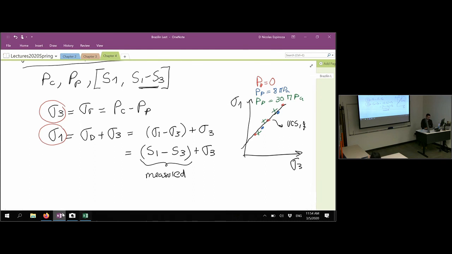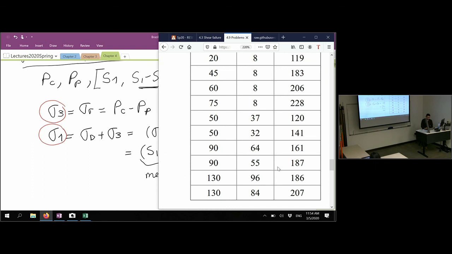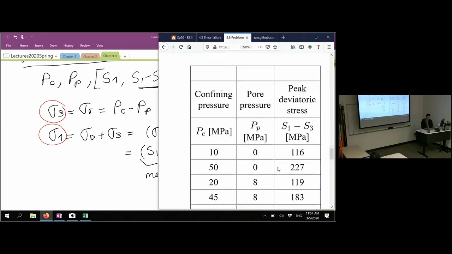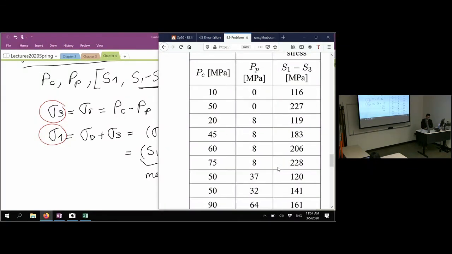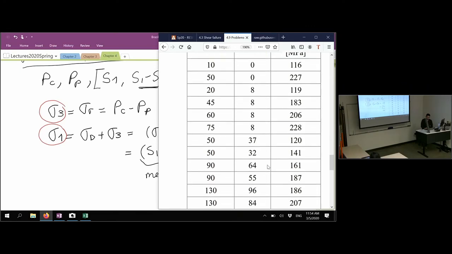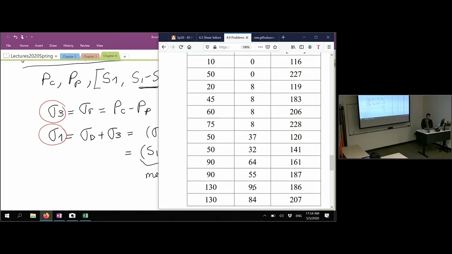So you could have, like in an example over here, a super high pore pressure, like 96 MPa, which corresponds to a water depth of about 10 kilometers.